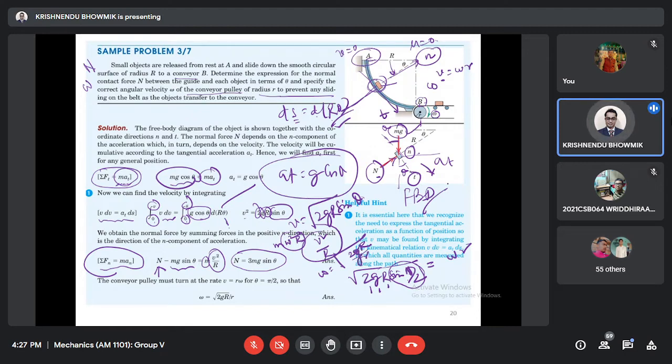So what we did for the given problem, we have drawn the correct FBD along tangential and normal directions, and we have equated that to get the desired unknowns.